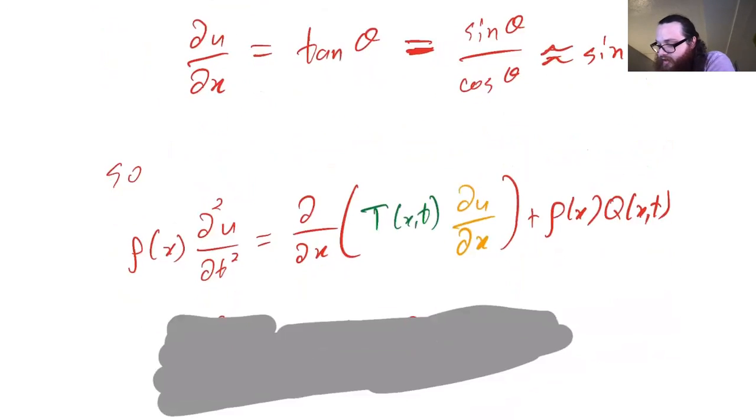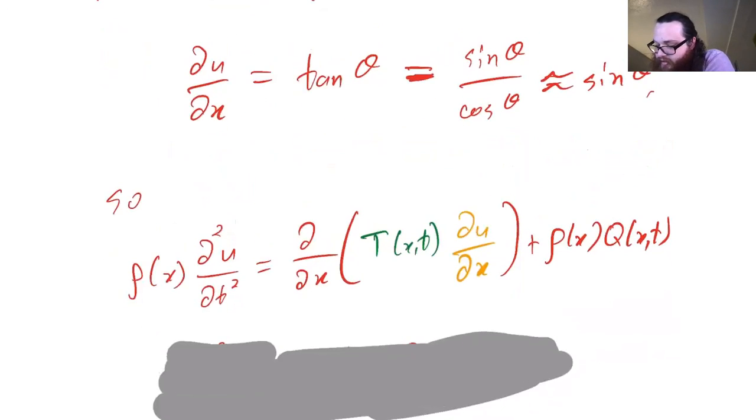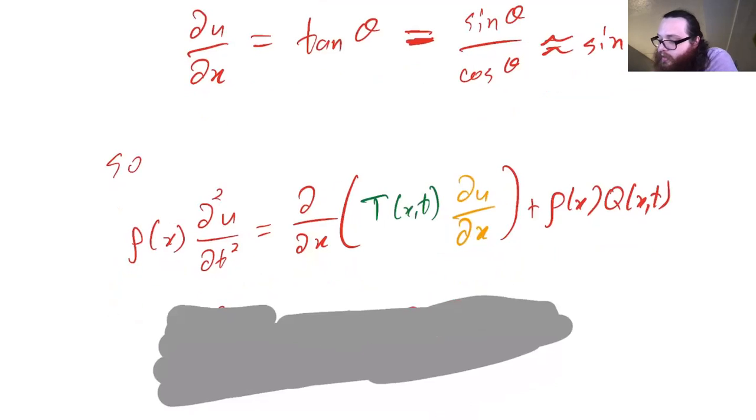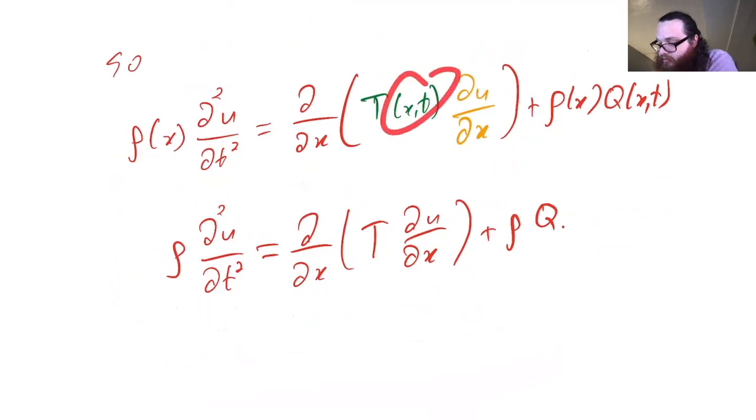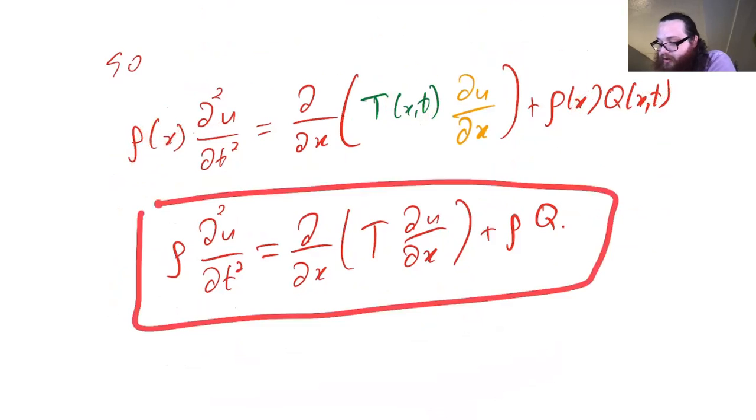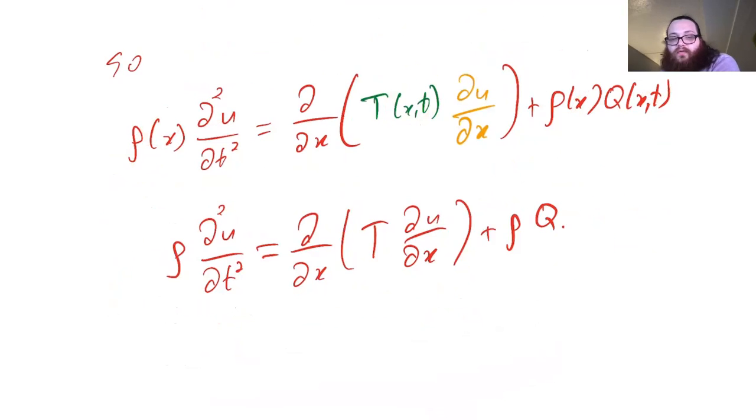Okay, so what does that give us? Well, this remains unchanged, this remains unchanged, tension remains unchanged. But what's changed is we've replaced the sine theta that was once here with the du dx, right? The slope of the string. And so removing this argument right here, we get the simplified expression for the wave equation for a string if we're keeping all of the physical and material properties in the equation.